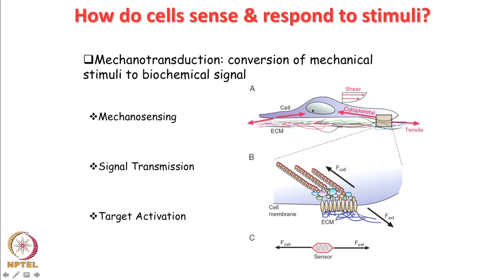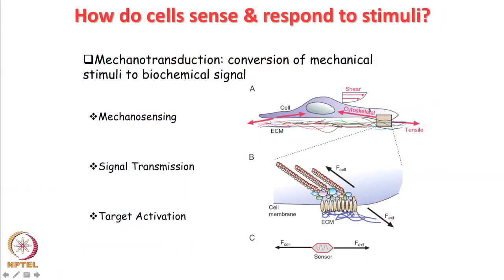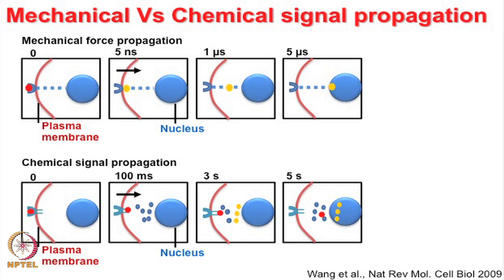All this could also have happened not just through this mechanical route, but through passive diffusion of molecules which bind to membrane proteins at the periphery and then come in and reach the nucleus to direct cell signaling pathways. That is possible of course, but it turns out that mechanical force propagation time scales are in the order of microseconds.